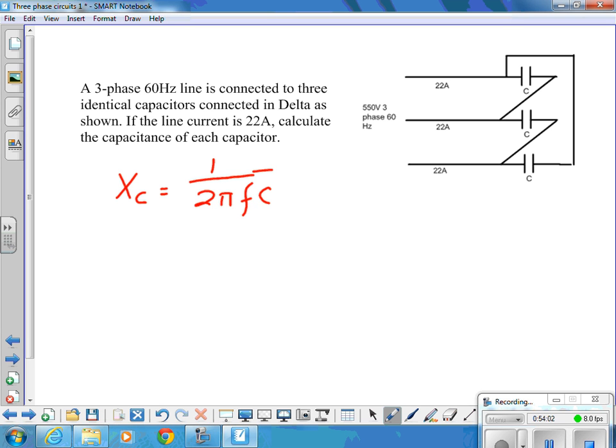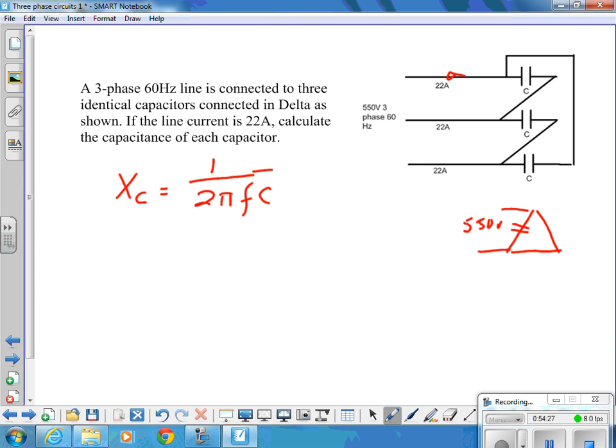So we've got 22 amp line current flowing. Okay. We've got a phase voltage, so across each capacitor, because these are in delta, we've got 550 volts. Line and phase voltage are the same.